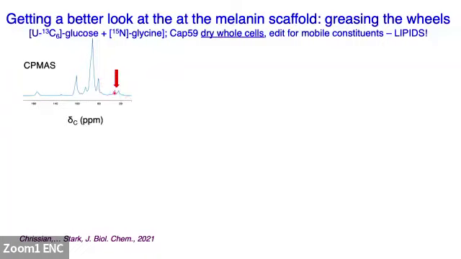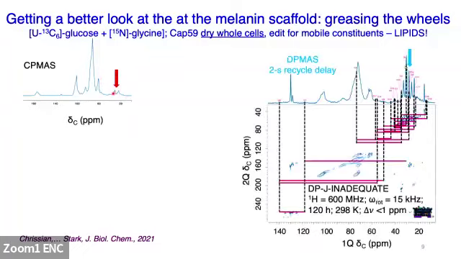But that means we can turn this around and say they're motionally quite mobile, and we can do a short recycle delay on a direct polarization, and lo and behold, the lipids jump up, and the resolution of all of those is magnificent. That gives us entree to a direct polarization INADEQUATE experiment, where now we're getting carbon-carbon through-bond couplings.